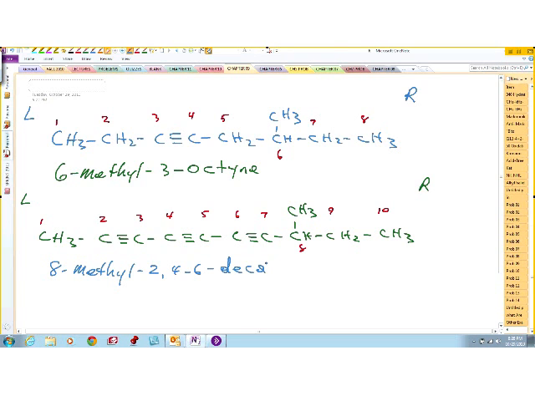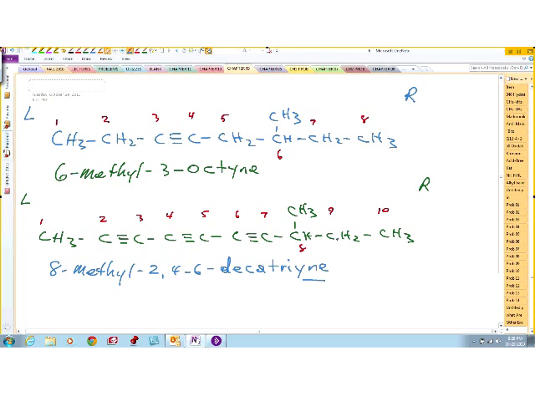Deca, just like in the case of the alkenes, triene. Keep in mind you have the suffix still right there. Triyne, so you have 3 of them. If you have 4, you have tetra. If you have 5, penta.